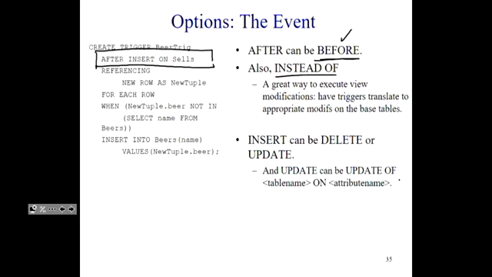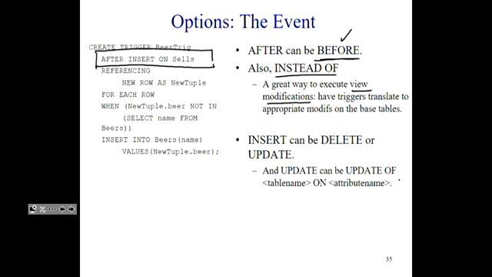Now, instead of is a great way to execute view modifications. Let's say I have a modification to a view, and I say, go ahead and insert this tuple into the view. I can take this tuple, translate it into tuples that need to be inserted into the base relations, and have those be executed instead, right?